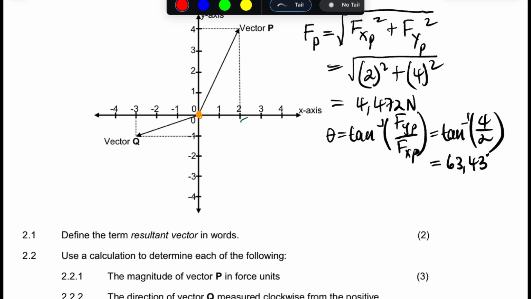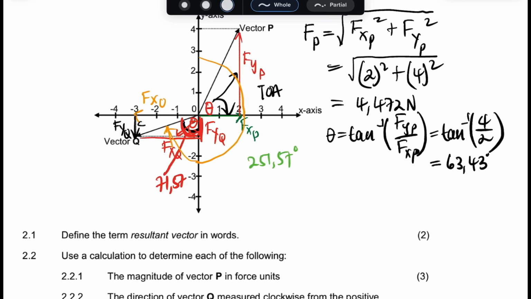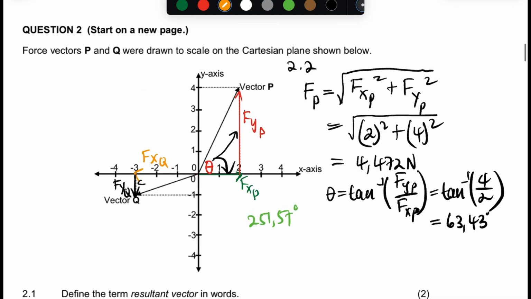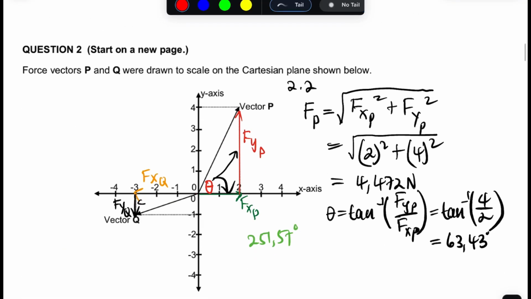Let me erase this and this and this. Erasing that. So what I'm going to do now is add all the components. In order to get the resultant, I'm going to add this x plus this x, and then I'll have the Fx net, and then I'll do the Fy net, and then I'll do the theorem of Pythagoras.